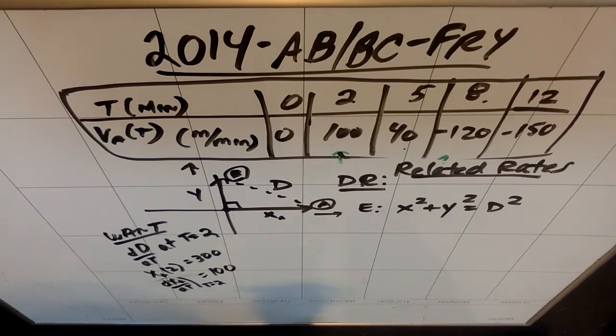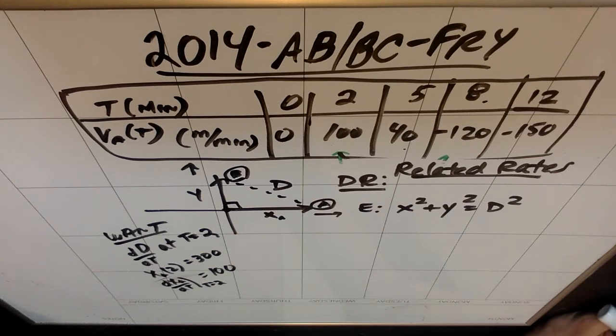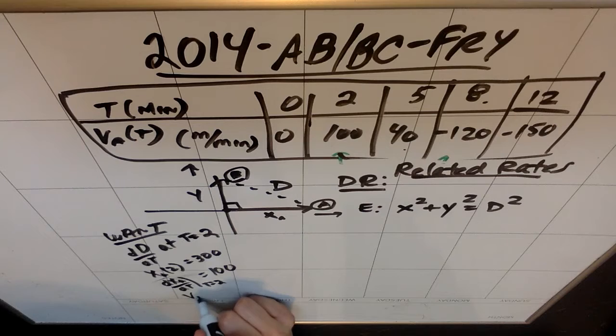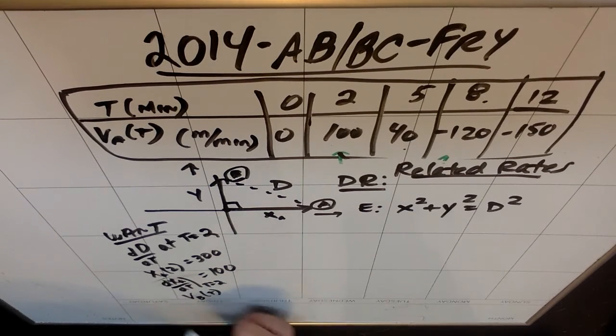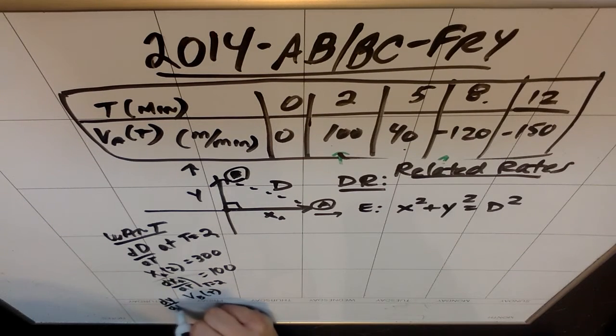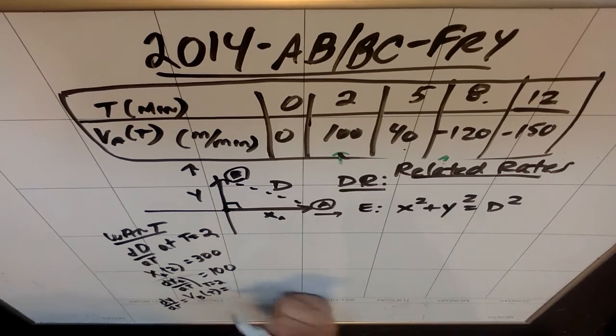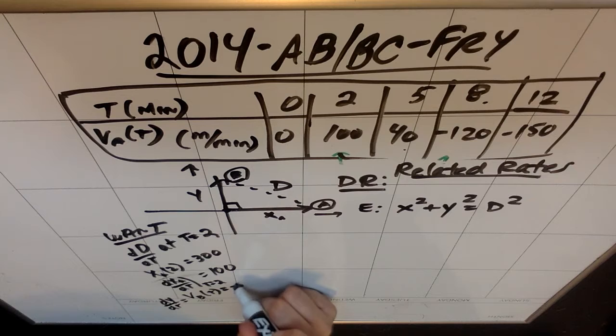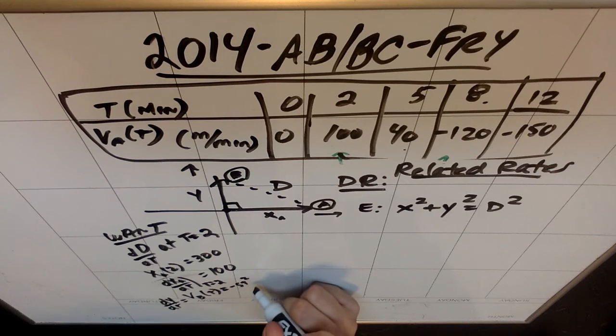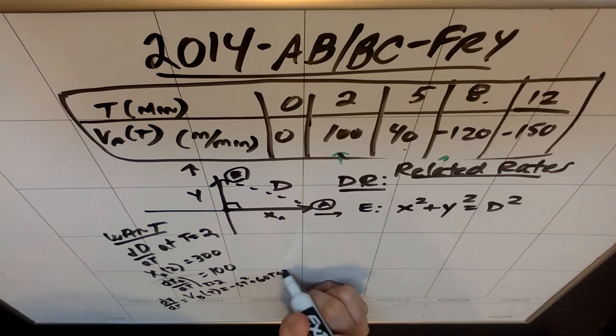I know the formula for the velocity of B. I know v_B of t, which is the same as essentially my dy/dt, the way that this quantity is changing. I know the formula for that, which is negative 5t squared plus 60t plus 25.